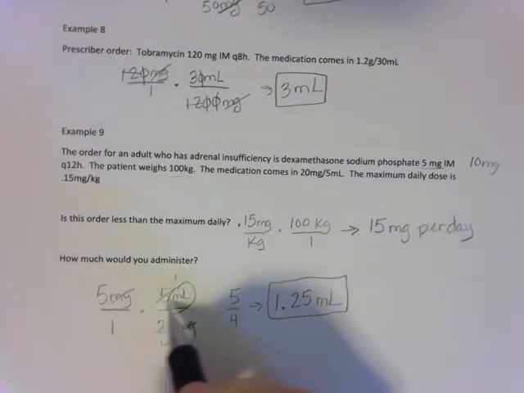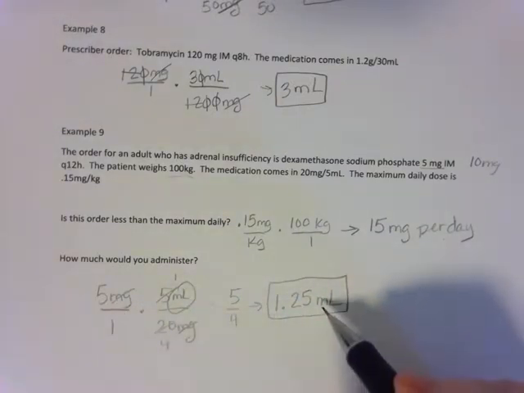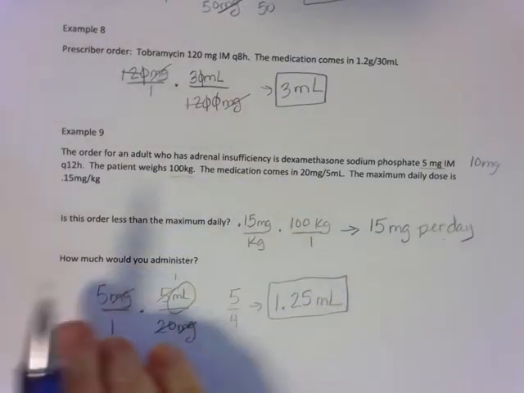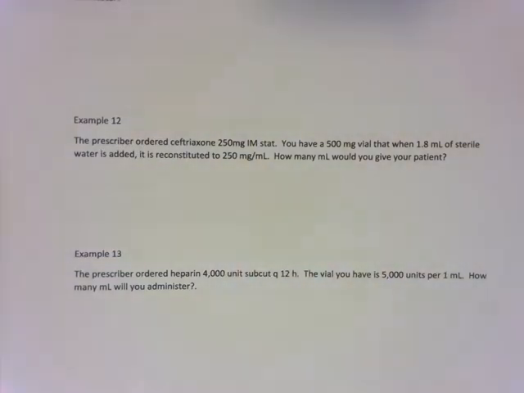Or I could have just multiplied straight across and got 25 over 20. Did the division with my calculator and got the same answer of 1.25 mLs.